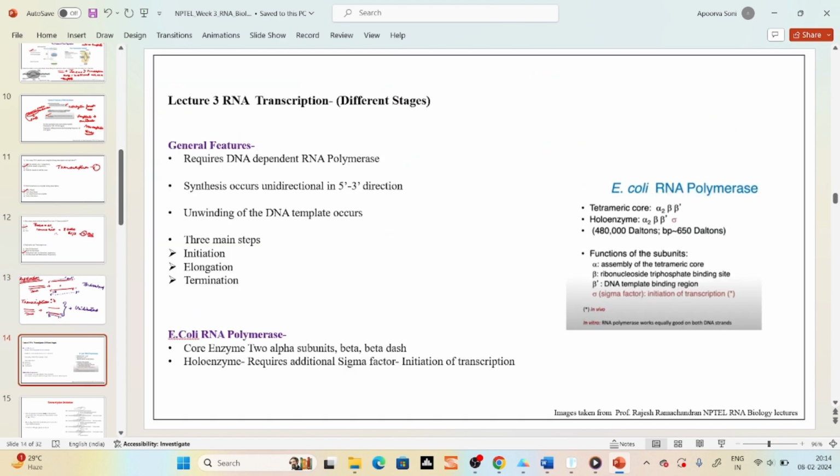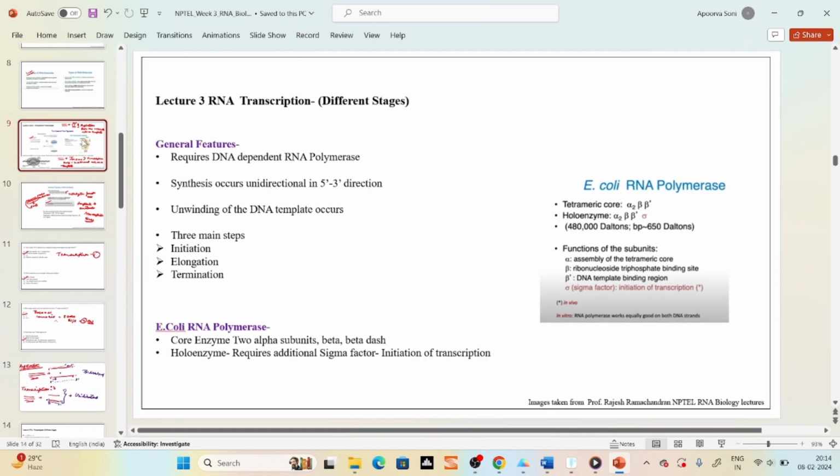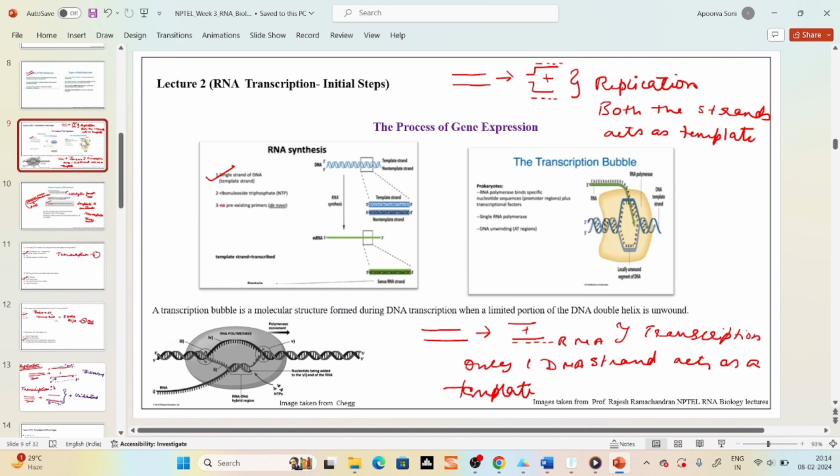Now, with this we have completed lecture 2. So in lecture 2 what have we studied? First, a basic general introduction about RNA transcription. We studied how only one strand of DNA is responsible for the synthesis of RNA, and then the transcription bubble, how the DNA is locally unwound, and in that region the RNA polymerase binds to specific nucleotide sequences, which are the promoter regions, and then the formation of mRNA takes place.